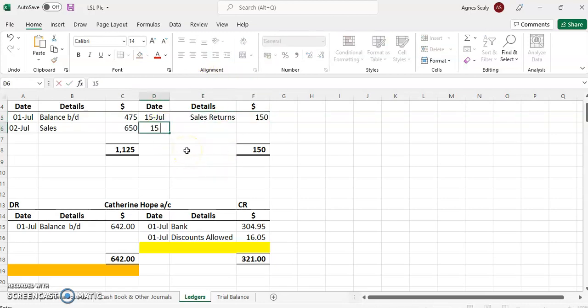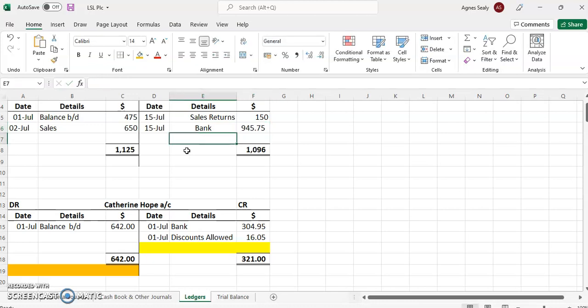And then on the 15th of July, there was a bank payment of $945.75. And then also on the 15th of July, there was a discount allowed of $29.25. Okay, so that is what we have there.